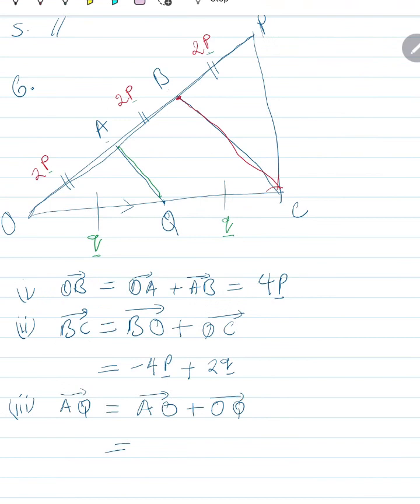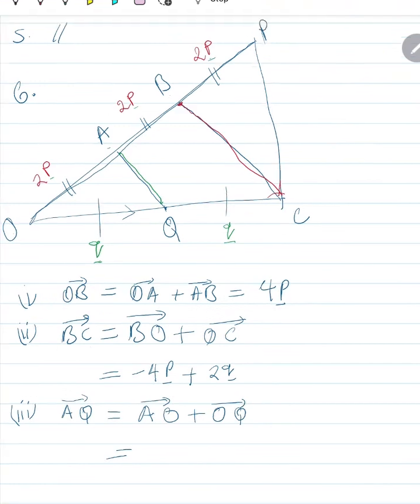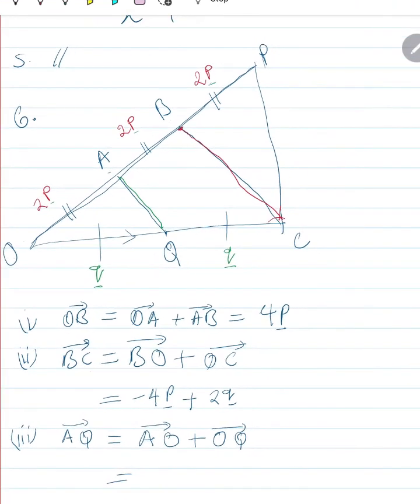So AO, remember, from O we are moving to... in the given question we have been given that OA is equal to 2P, but in this case we want AO, which is the opposite direction.